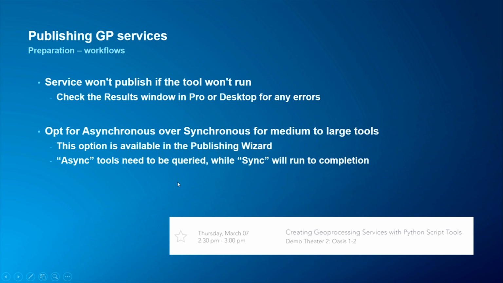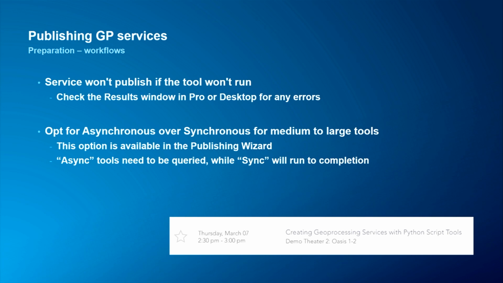Now, backing up slightly from that. Anytime you run a geoprocessing tool, it goes into the history. From the history, your tools, you can click on them and create a package out of them. As part of that same process, you can also click on it and make a service out of it as well.